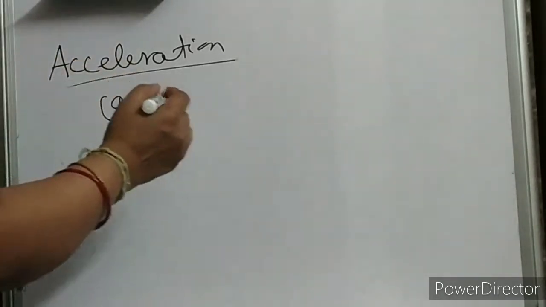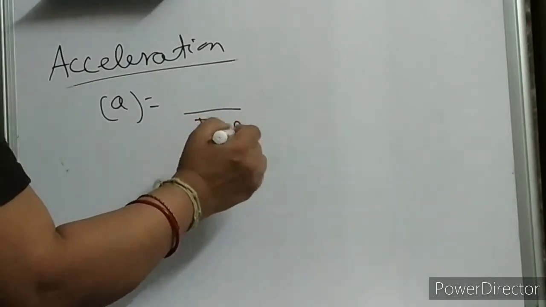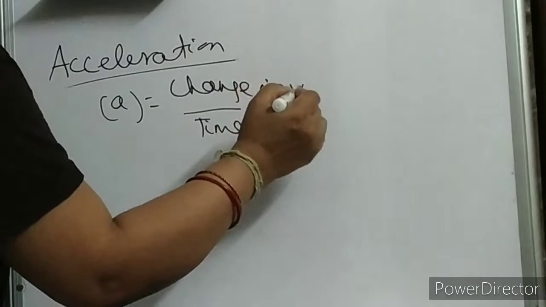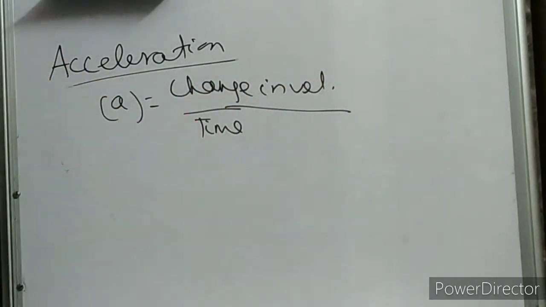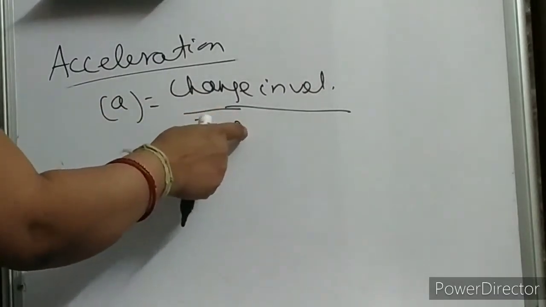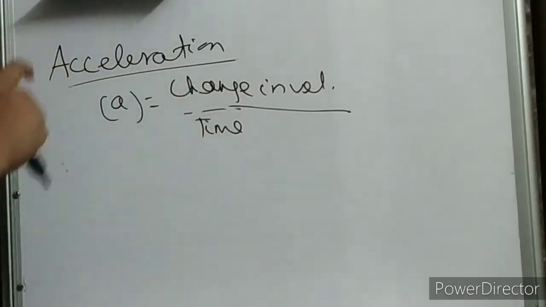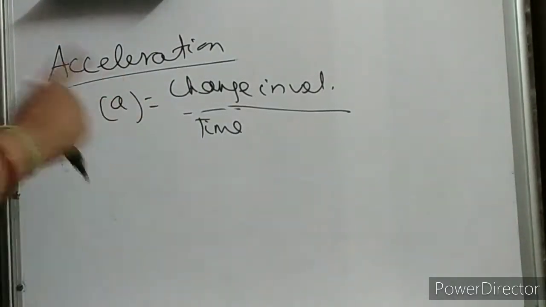Rate of change in velocity means it has to be divided by time. So change in velocity divided by time. What is this time? This time is the time taken for this change. Clear children? When there is a rate, you have to divide by time.